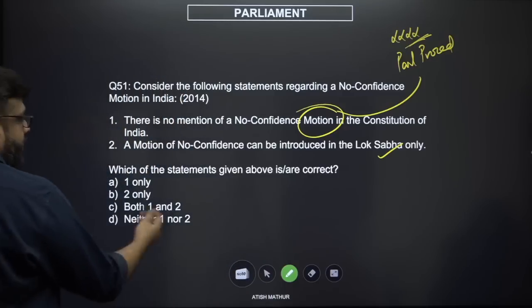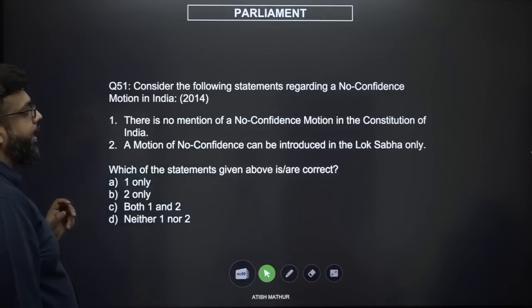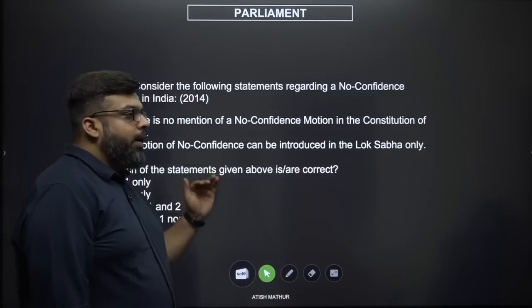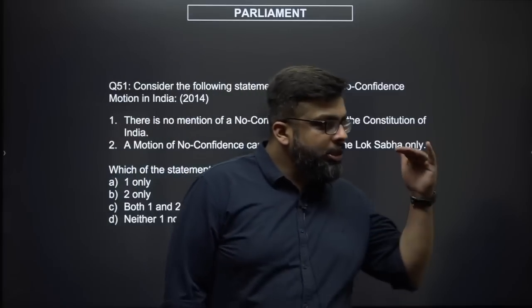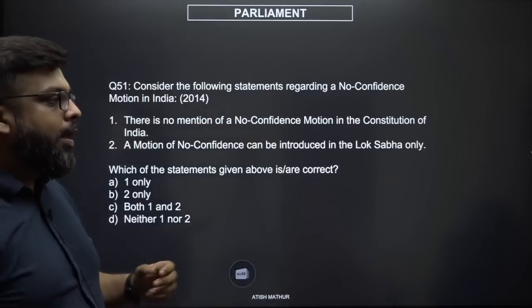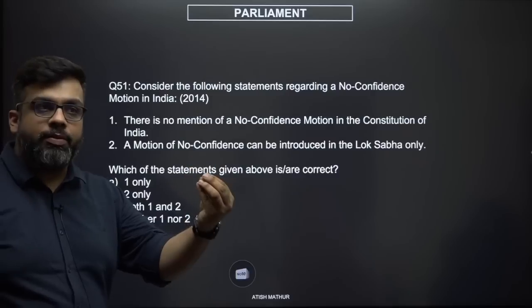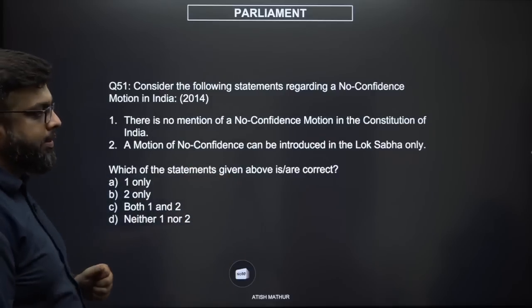So no doubt both the options are absolutely correct. The answer should be C, 1 and 2. Always remember, for the Constitution to mention an intricate parliamentary procedure would take away the essence of parliamentary integrity and independence. That is why they don't.